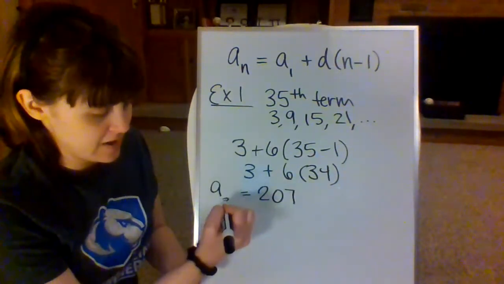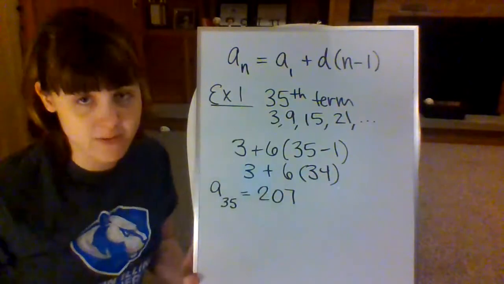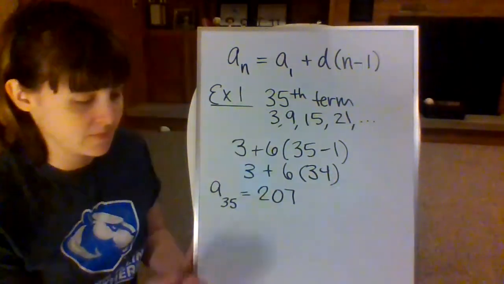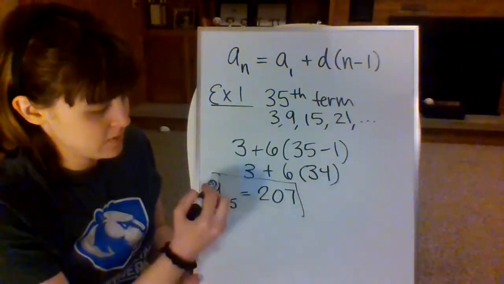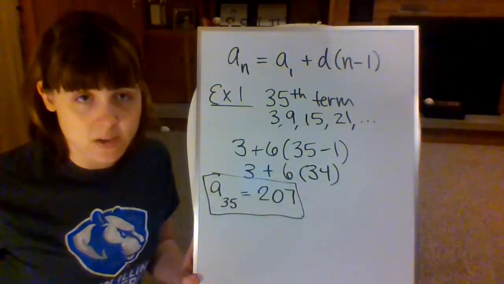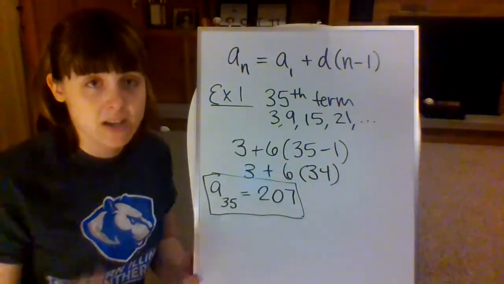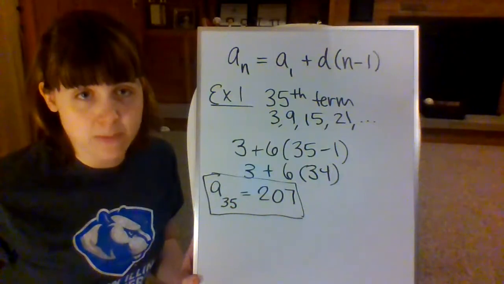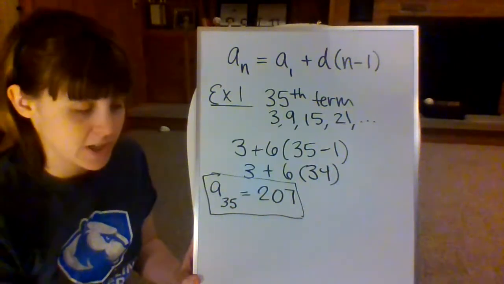So A with the subscript of 35, meaning the 35th term of this sequence, is 207. So I took all the information they gave me, and I used this formula to get the 35th term. Okay, so we're going to try another one.